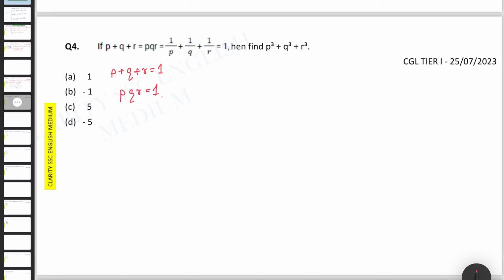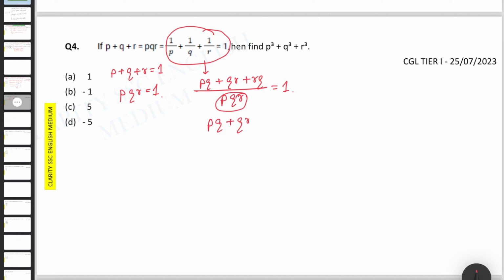And let me write this expression: (pq plus qr plus rp) divided by pqr is equal to 1. But we know that the value of pqr is 1, so pq plus qr plus rp will also become 1.